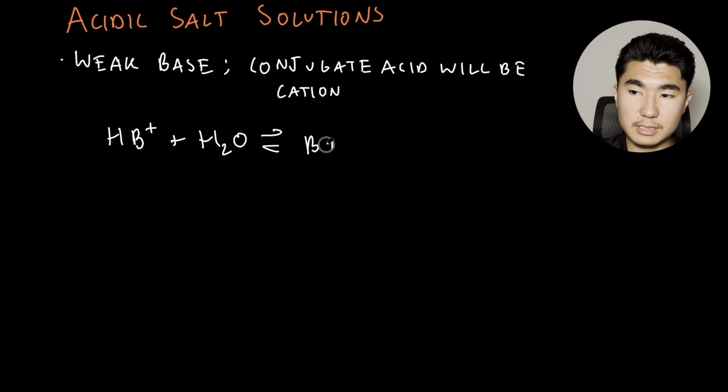But in the acid salt solutions and also the base salt solutions, in this acid salt solution specifically, this cation over here will react with water to produce hydronium. In the base, if we go back up here, this anion over here, which is our conjugate base, will react with water, and that will pull a hydrogen to become a weak acid, to become our HA.